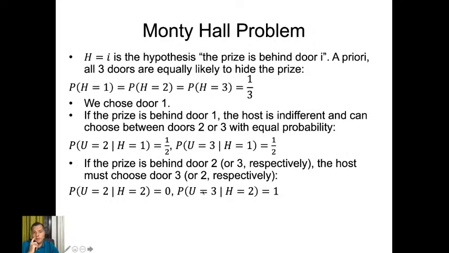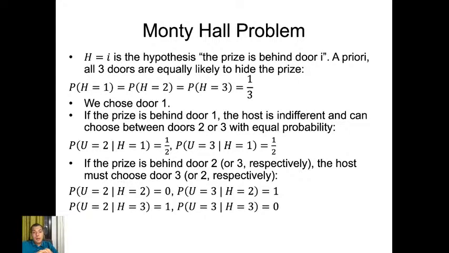And the same happens if the prize is behind door number 3, then he must choose door number 2. This is written in parentheses. So the vice versa happens. If the hypothesis is that the prize is here, he will definitely open this door and will not open the door with the prize.